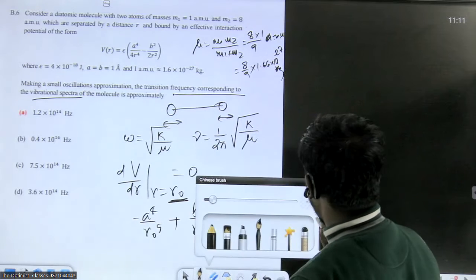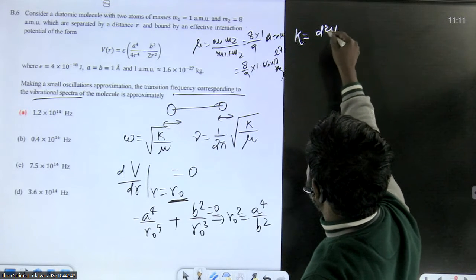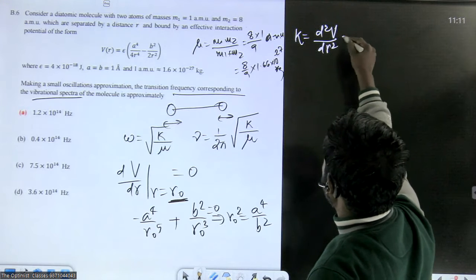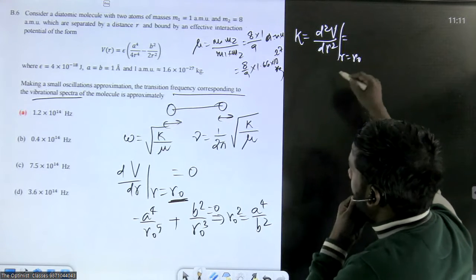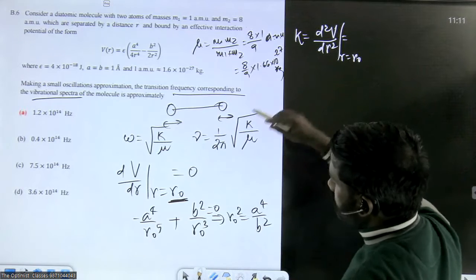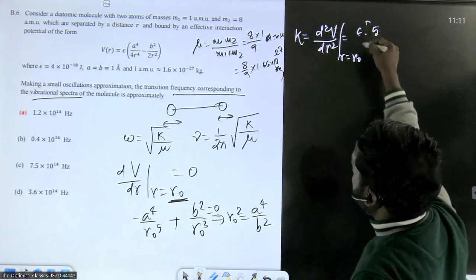Now force constant k is actually the second derivative of potential energy, d²V by dr², at r naught, at equilibrium length. So now differentiate it once more, you will get here 5, there is an epsilon term here.